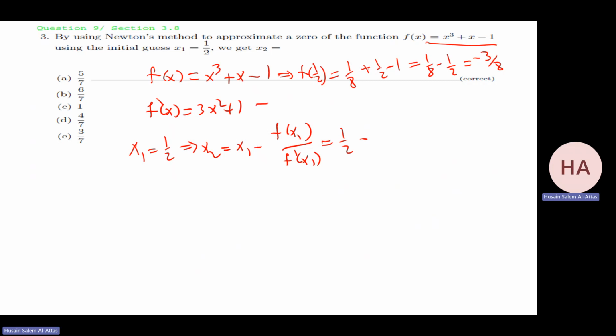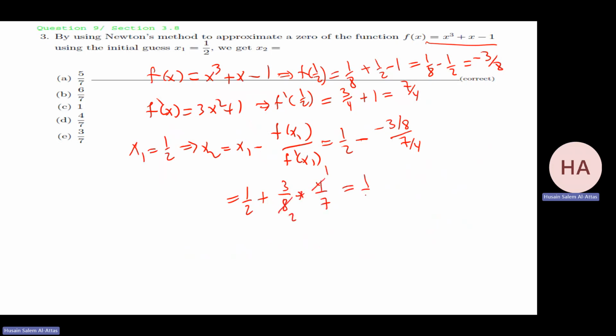F prime at half, that will be 3 over 4 plus 1, which is 7 over 4. So that will be half minus 3 over 8 over 7 over 4. That will be half minus 3 over 8 times 4 over 7. 1, this is 2.